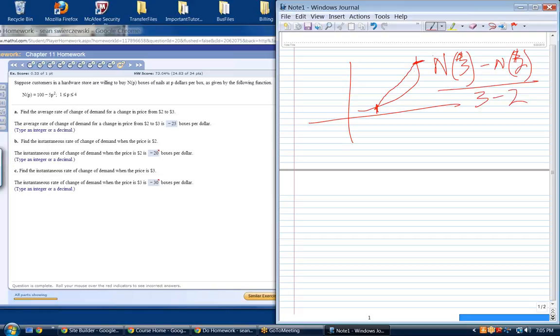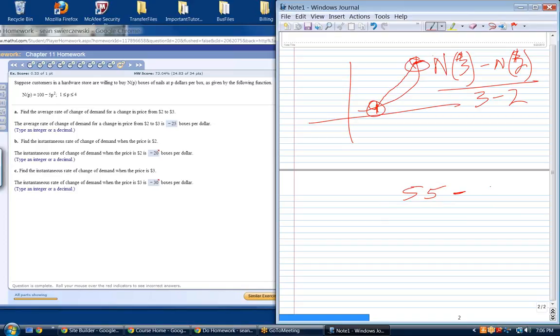In the same way, we would get the average rate of change between this point and this point. So if we plug in 3, we have 100 minus 45, so n of 3 is 55. N of 2 is 80.